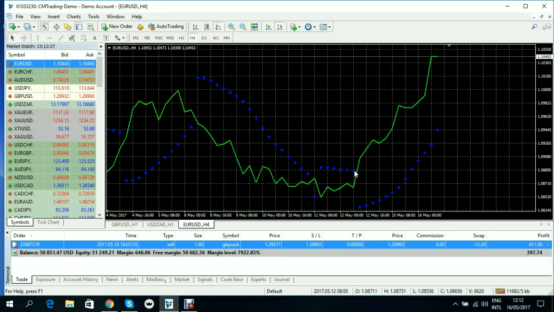Once the dot gets kicked from here and then it appears below the price line, then it indicates a buy trend. So you place your buy. Now you'll find out that if, say, you notice this kick here of the parabolic dot and you entered a buy and you left it till now, that will be giving a lot of money.